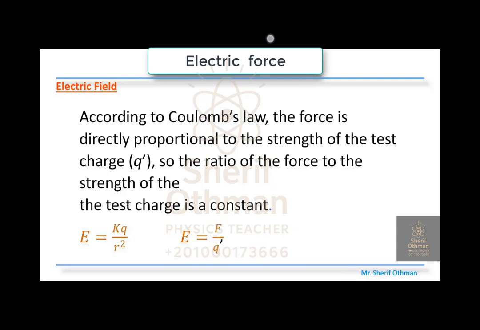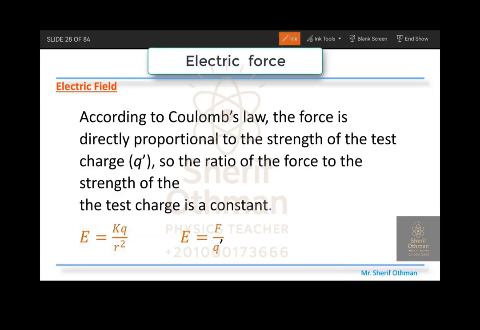Or we can write the rule in another form of Coulomb's law. As Q dash is very small, its charge is neglected. So the rule will only depend on the value of the measured charge. So E will be equal to KQ over R squared.